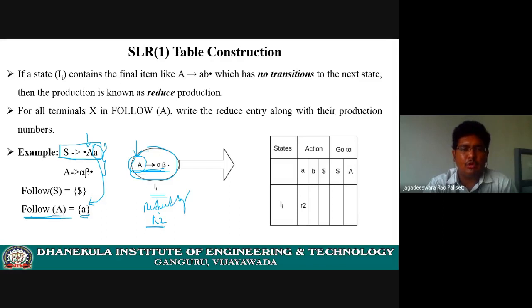So I need to write this R2 only at that a, not at b, not at dollar. Of course, we will not write in go-to. We are not going to write here in SLR at the b column and dollar column. Only in the Ii row and the column of small a, at that location only we have to write R2. That is the only thing we have to do in SLR. Except this, the remaining is entirely LR(0).